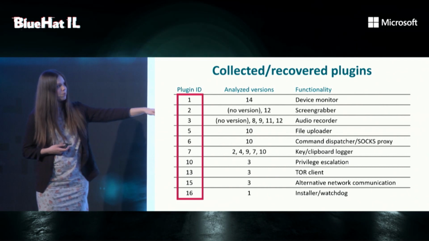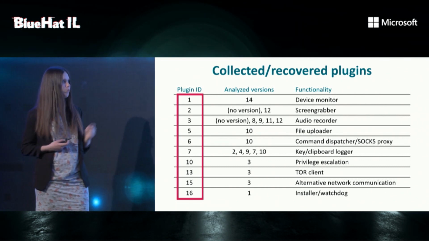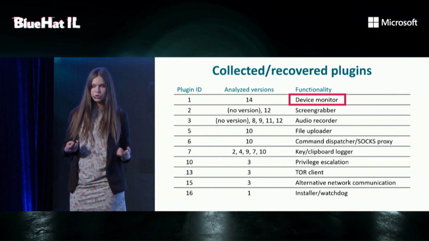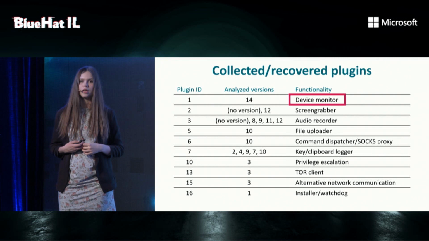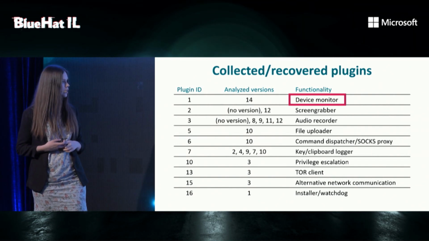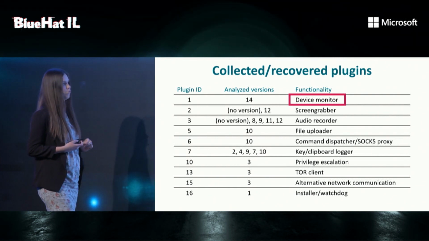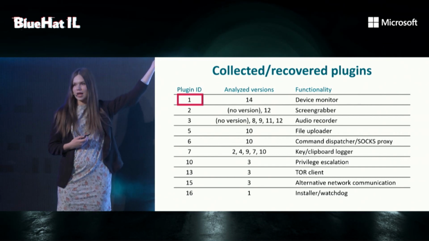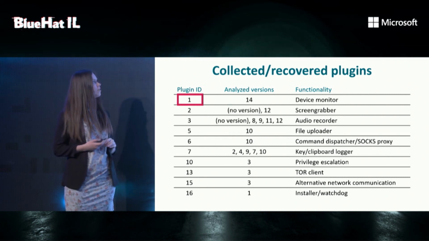Nevertheless, from all of these plugins, we are only going to talk about this one, the device monitor plugin, which is responsible for GSM fingerprinting, among other functionalities. So 2 notes to this plugin before we dive in. First one is that this plugin is assigned ID 1. That's interesting.